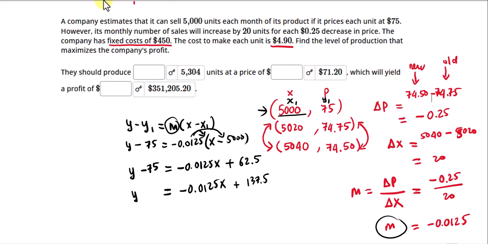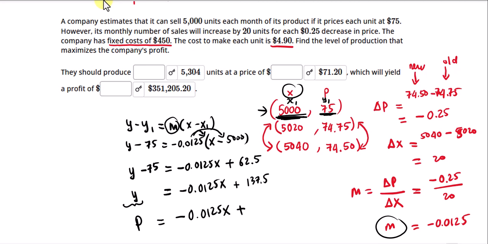Now, if you look back to our problem, the x value in this case is the unit, so it will stay as x. The y value in this case is the price. So we are now just replacing y by the price, so we can apply that to our problem.